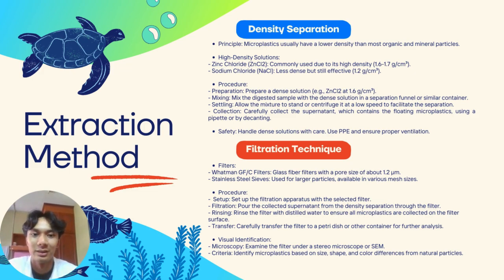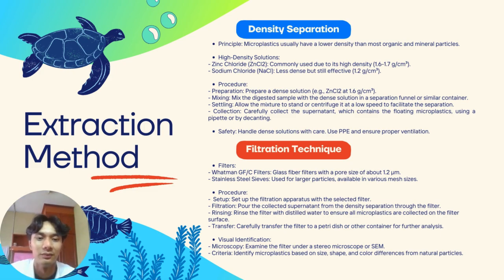And lastly, for the collection, we must carefully collect the supernatant which contains the floating microplastic by either using a pipette or by decanting. For the safety part for this method, we must handle the dense solution with care by using PPE or ensure proper ventilation.